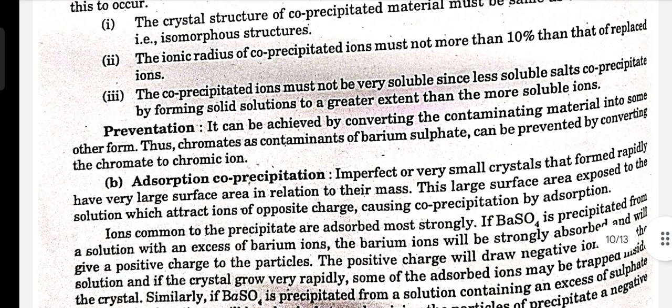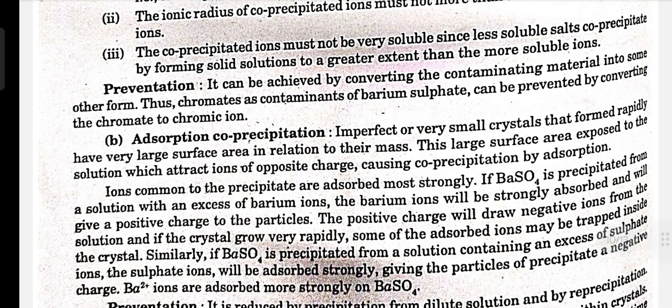Number B, adsorption co-precipitation. Imperfect or very small crystals that form rapidly have a very large surface area in relation to their mass. This large surface area is exposed to the solution, which attracts ions of opposite charge, causing co-precipitation by adsorption. Ions common to the precipitate are adsorbed most strongly.